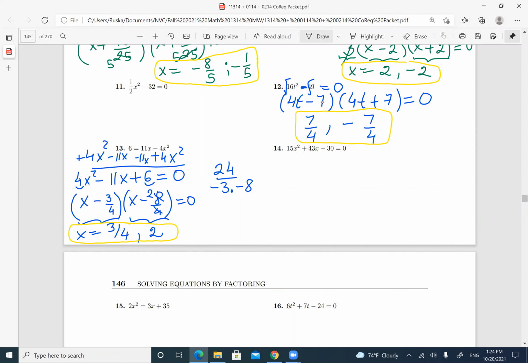Where did you get the 3 over 4 and the 8 over 4? I multiply A times C, so 6 times 4 is 24, positive. So the AC method says if I multiply the two numbers, A and C, I get 24. I have to get all the factors of 24 which add up to negative 11.